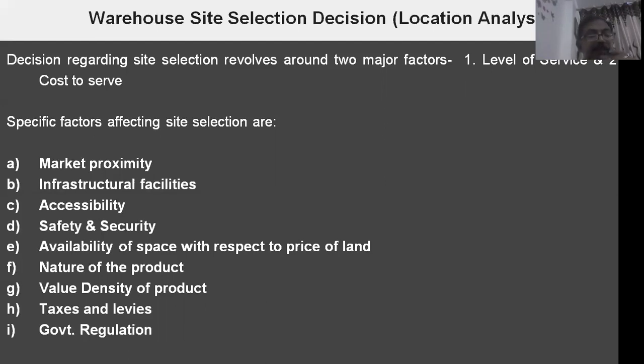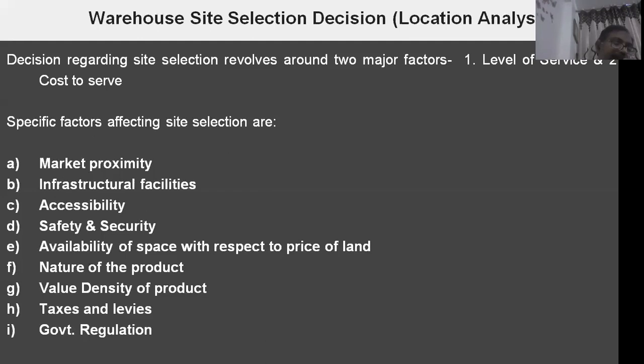Taxes and levies. That is also a decision parameter. So, for example, if you are having a warehouse in a rural area, maybe taxes may be less, but at the same time, transportation cost may be higher. You may face some safety and security issues, some accessibility issues.